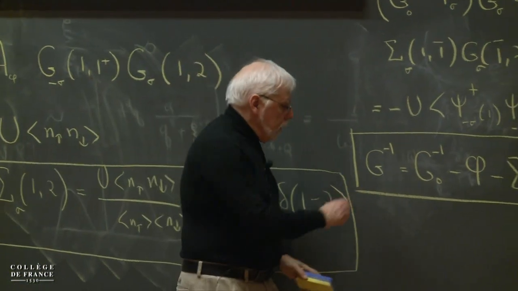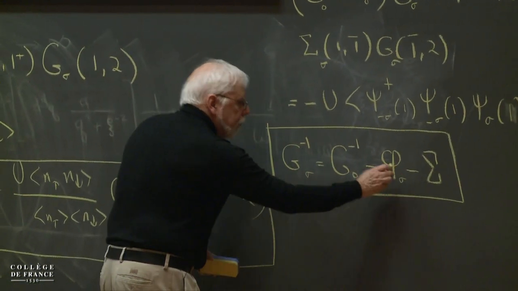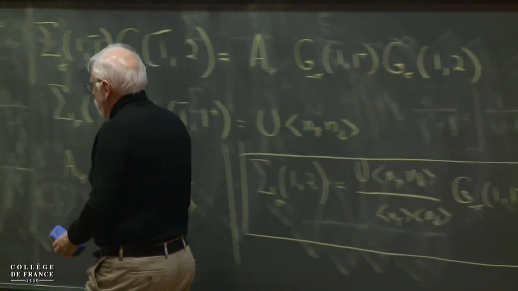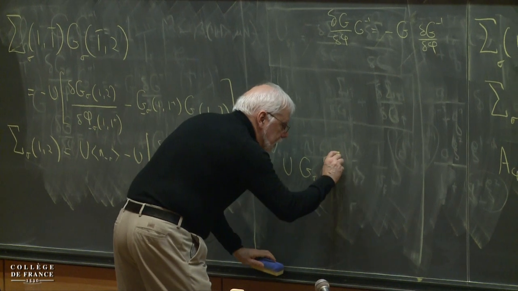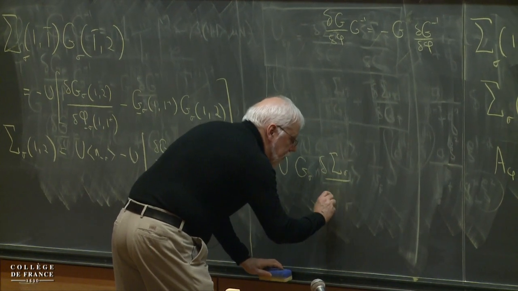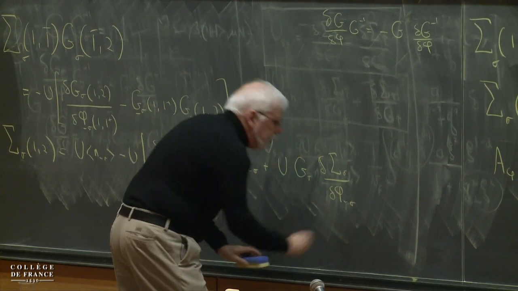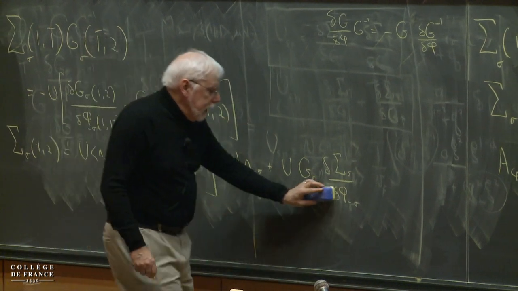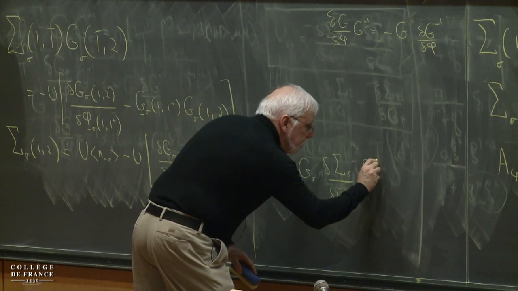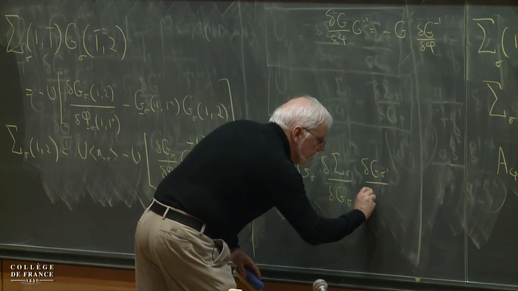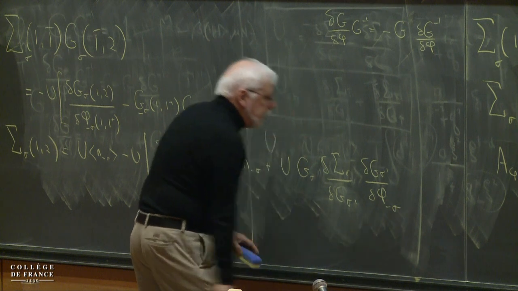But G sigma depends only on phi sigma, so I get no contribution from phi. The only contribution I get is delta sigma delta phi of minus sigma. And again, I use the chain rule. So this is delta G sigma prime, delta G sigma prime, delta phi minus sigma.